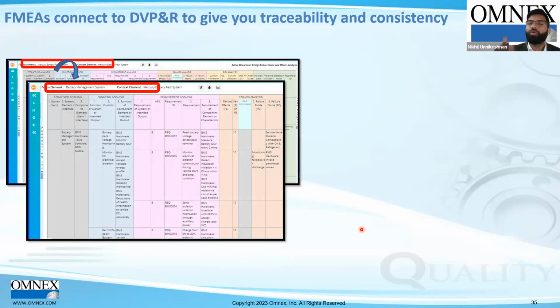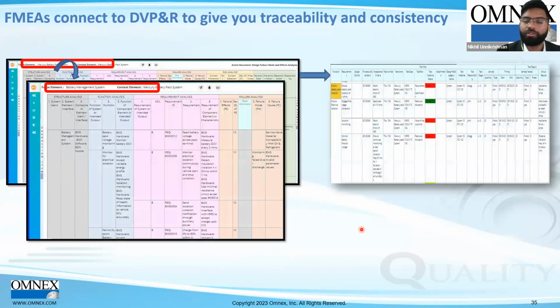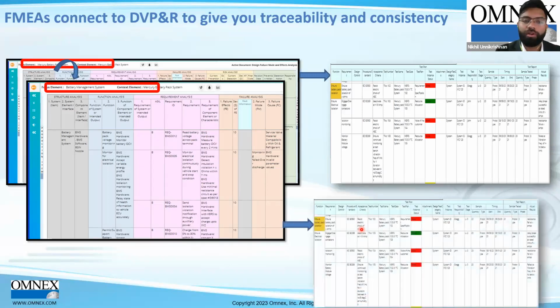So how will you trace it back to the DFMEA? Simply, at each level, you can have a DFMEA that traces back to the DFMEA above it. Similarly, at the subsystem level, you can have a DFMEA that will trace back into the DFMEA at the subsystem level.